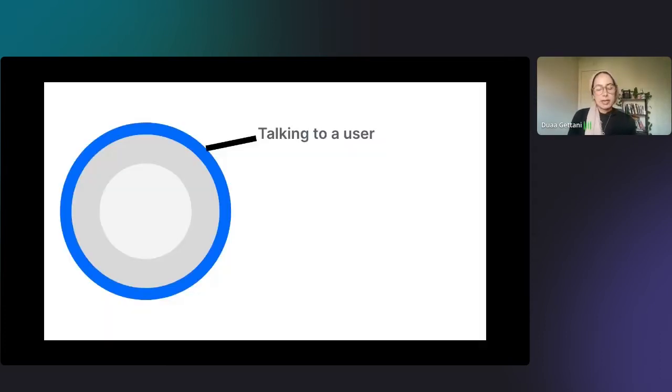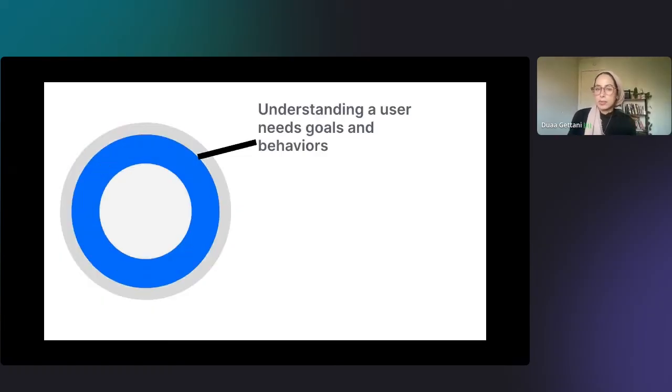So the first layer of the onion is talking to the user. If we simplify it, that first layer is just talking to a user. That surface level way to learn about products is to simply talk to a user: why they use a product, how they use a product, who they are. Within Square, where I'm currently at, our users are sellers. So, people building products for people. The next layer is understanding a user's needs, goals, and behaviors.